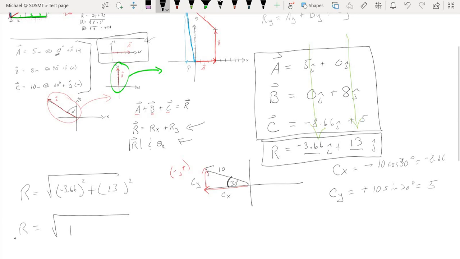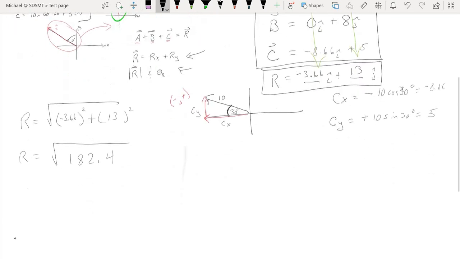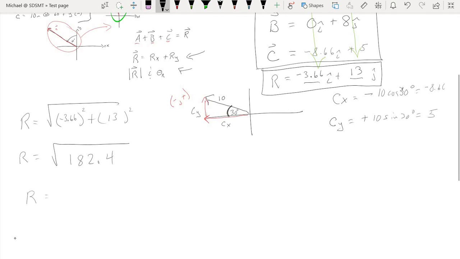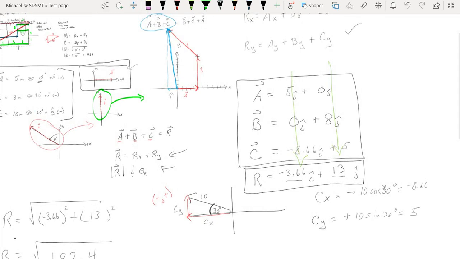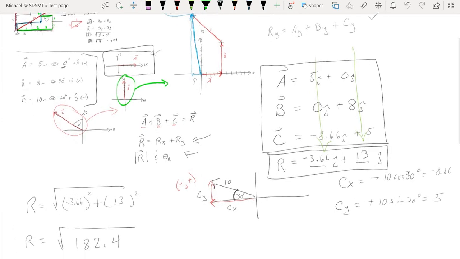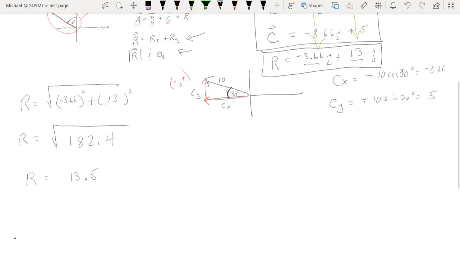I'm getting approximately 182. The square root of that is approximately 13.5. I don't need that root anymore. And since we were using meters for all of the units of our vectors, our resultant will also have units of meters.